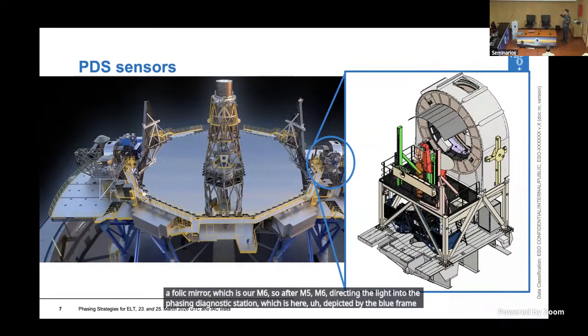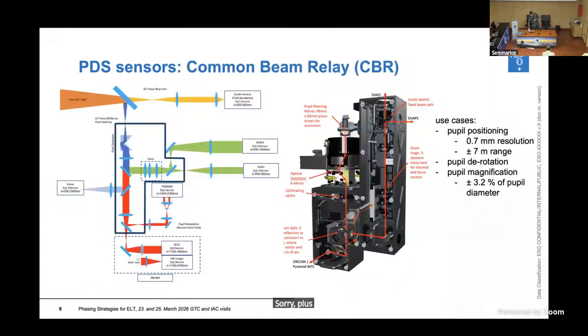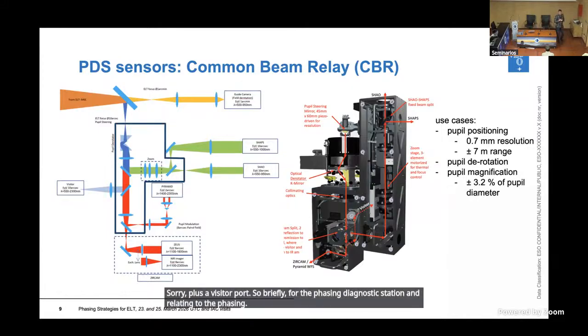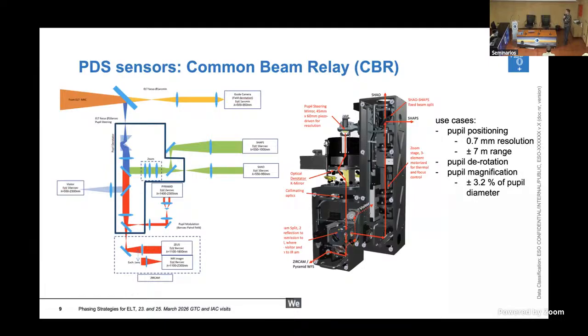This is the subunit of the telescope that holds all the 6 sensors as a visible, plus a visitor port. So briefly for the phasing diagnostic station and relating to the phasing, we do have to have a beam propagation mechanism that includes the functions of beam steering, or pupil steering.